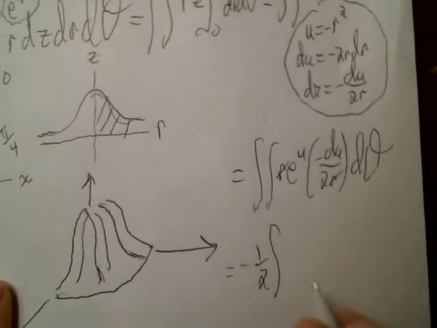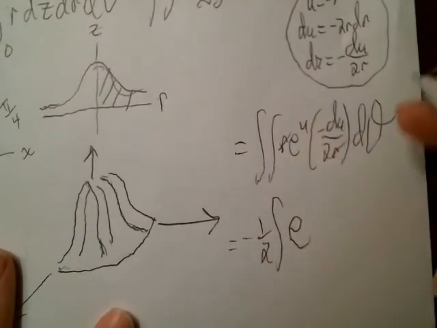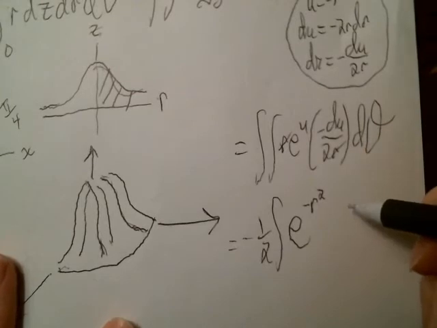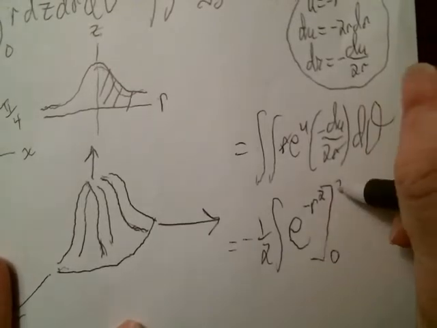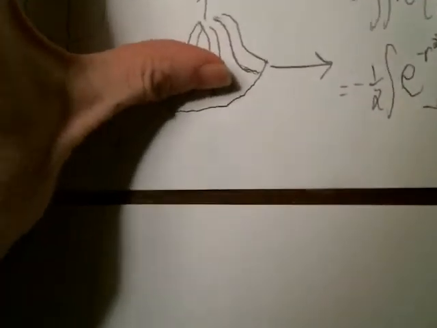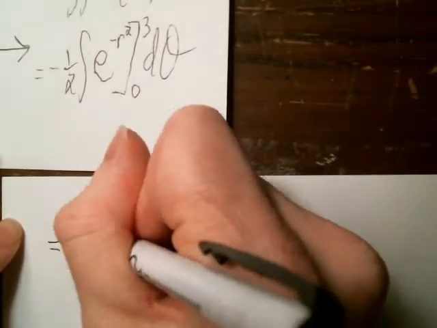The integral of e to the u is just e to the u, so let's write e to the u. And in our case, u is negative r squared, so let's cut to the chase, put negative r squared there. And then I have to evaluate that from 0 to 3, and then d theta. And then I'm going to go ahead and evaluate that.